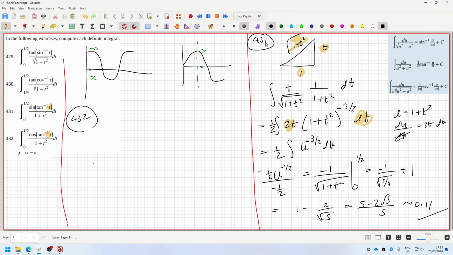So what I could do is change this integral into 0.5 sine of tan inverse t plus pi over 2, all over 1 plus t squared dt.